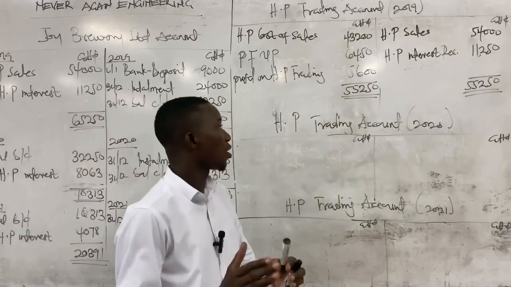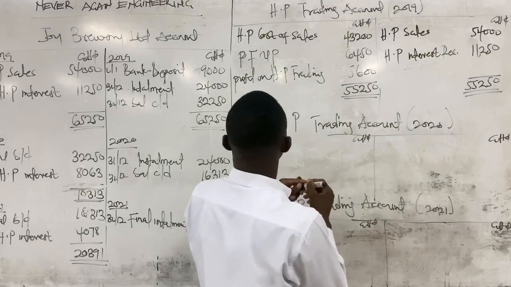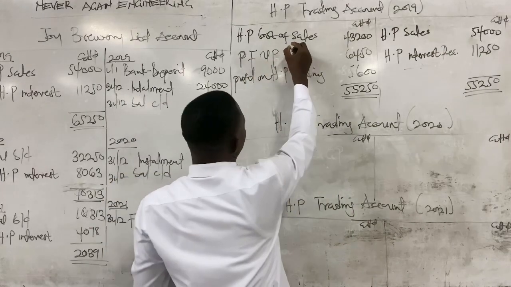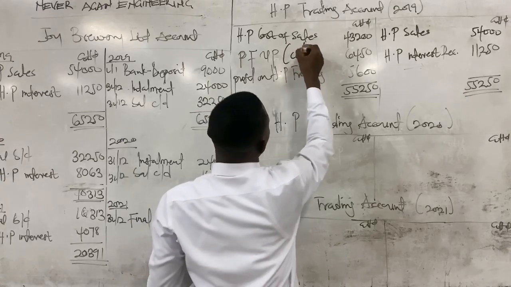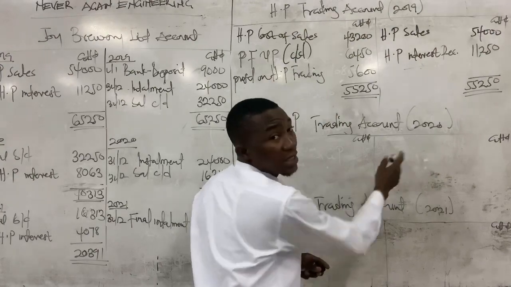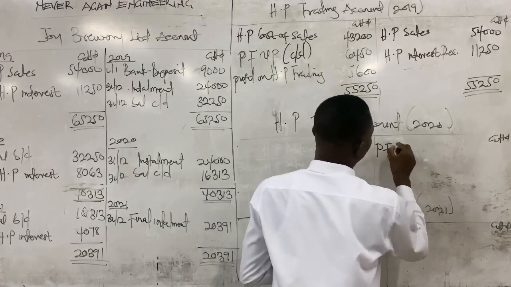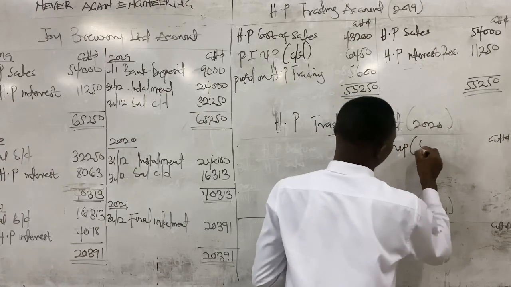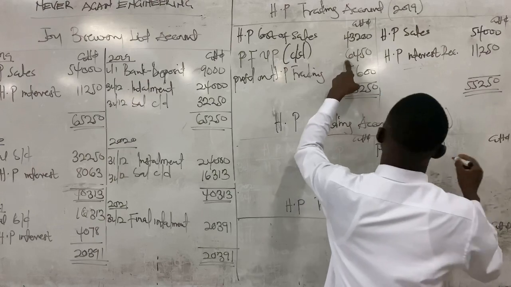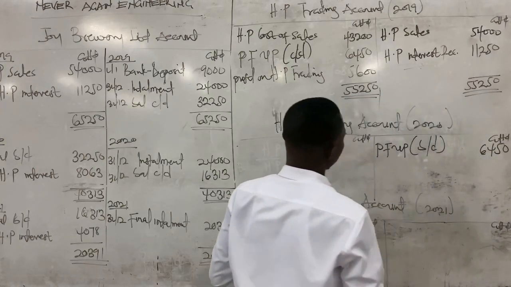So when we come to 2020, this provision for unrealized profits for 2019 is the carry down, the balance CD. It will become the balance brought down for 2020. So provision for unrealized profit, but this is brought down, and the amount is 6,450. Very good.